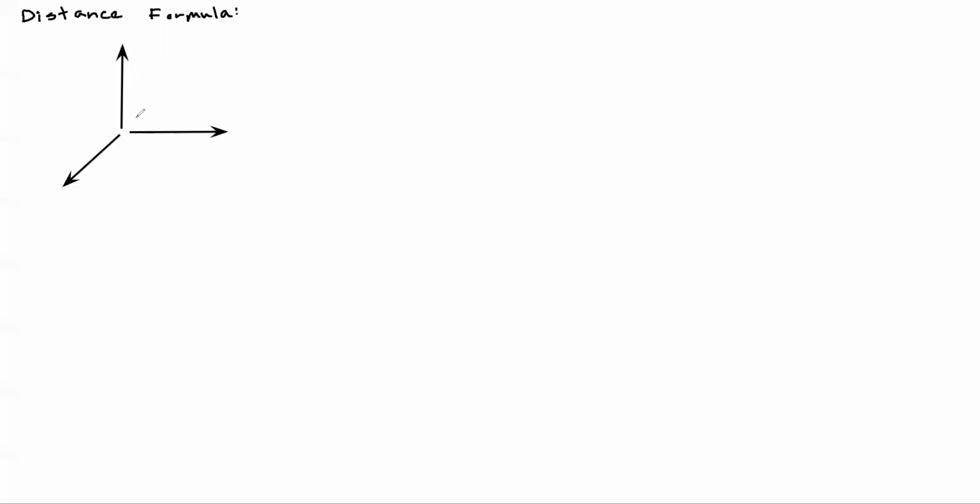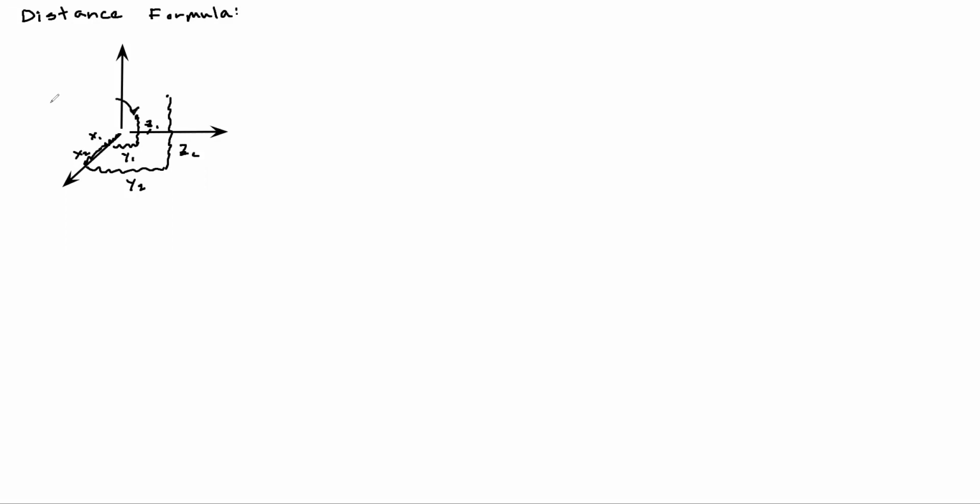Okay, so let's say we have 2 points, and we'll say point 1 is right there, and it's given by coordinates x1, y1, z1, and then we'll say point 2 is given by x2, y2, and z2.